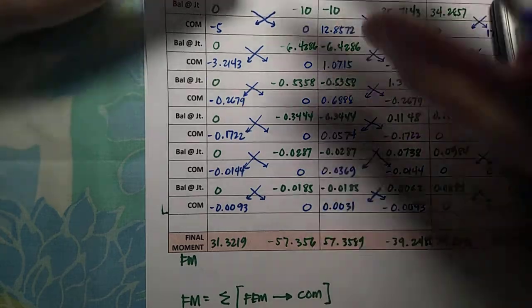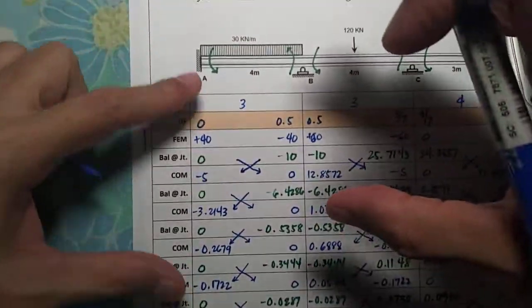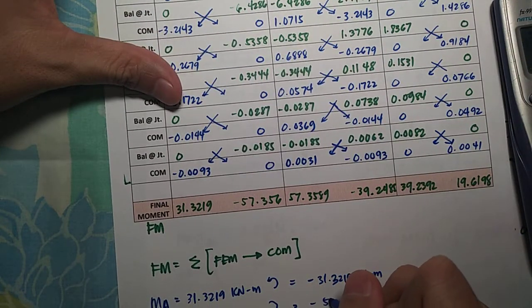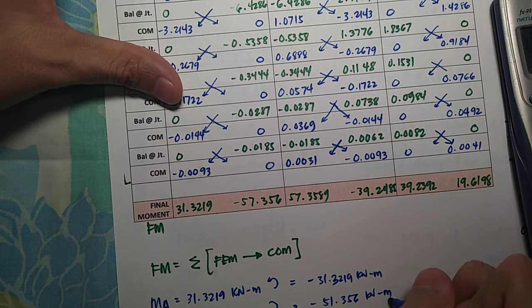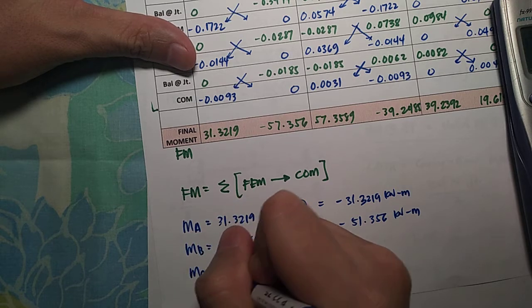So what's the true meaning? It makes the beam sad face again, so this is negative 57.356 kilonewton meter.